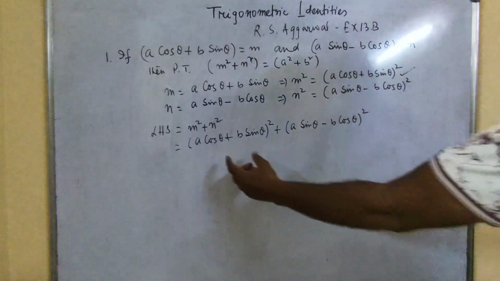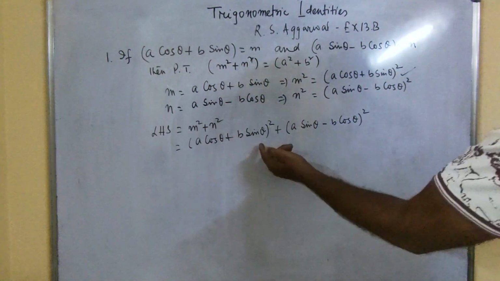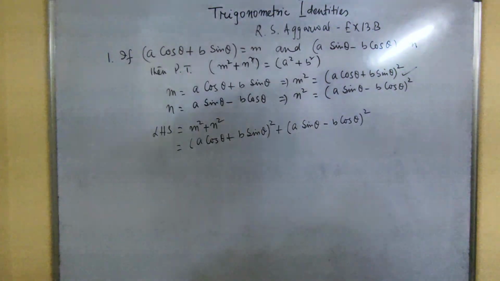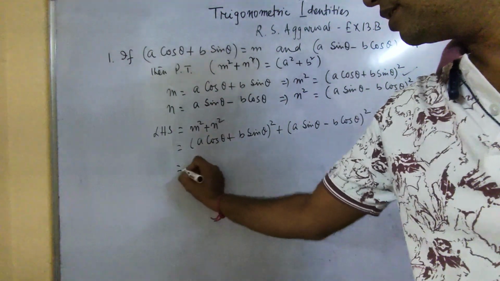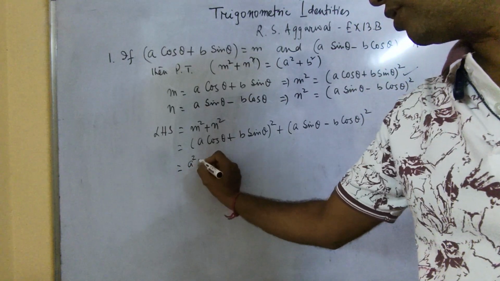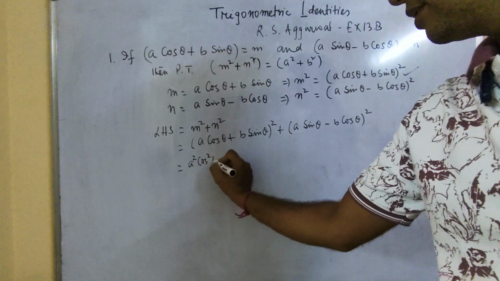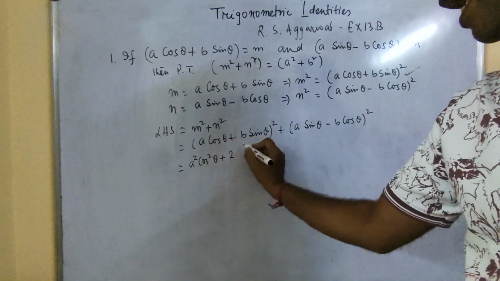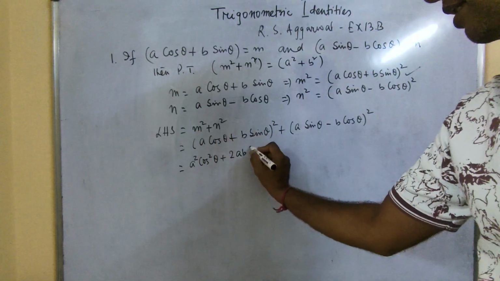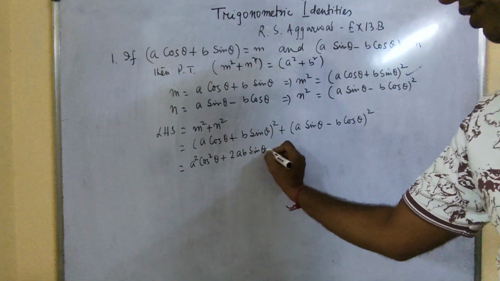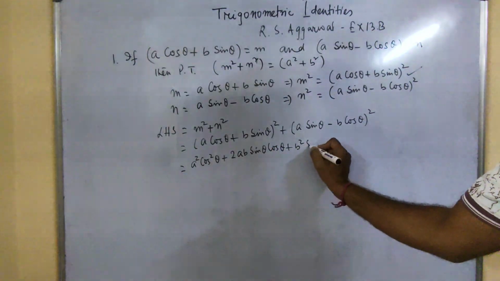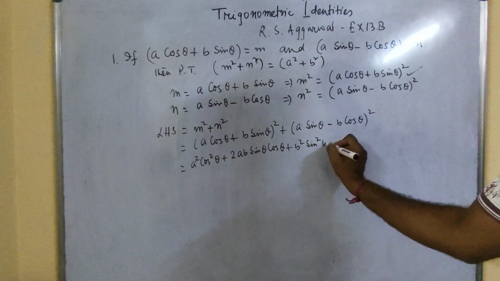So simply it is (x plus y) whole square, and (x minus y) whole square. So we may write here a square cos square theta plus 2ab sin theta cos theta plus b square sin square theta.